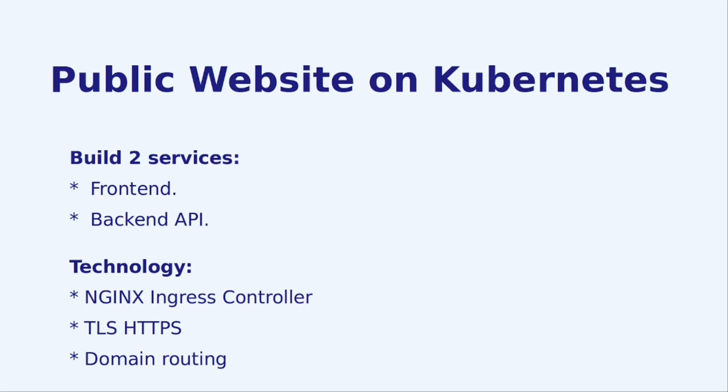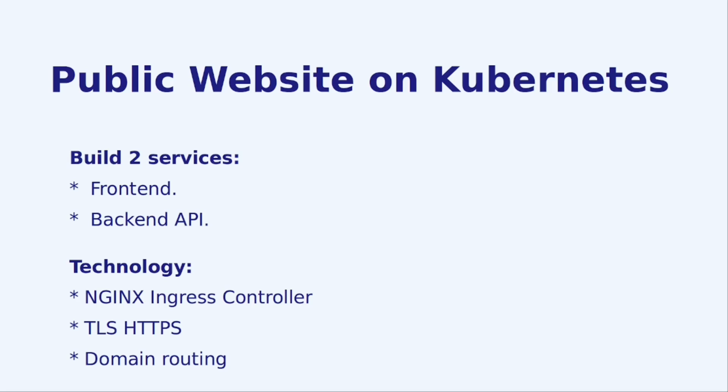When developers first start using Kubernetes, they often encounter a common challenge. The application runs perfectly inside the cluster, the pods are healthy, and the services are working internally. However, when they try to access the application from a browser, it simply does not work.